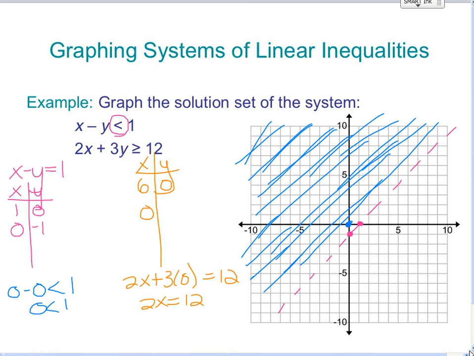For my second point, I'm going to plug in x equals 0. 2 times 0 plus 3y equals 12. 3y equals 12, or y equals 4. So those 2 points, I have 6, 0 and 0, 4.